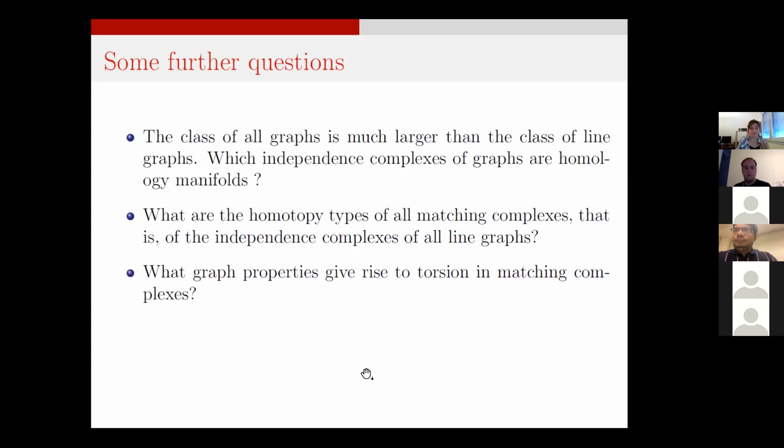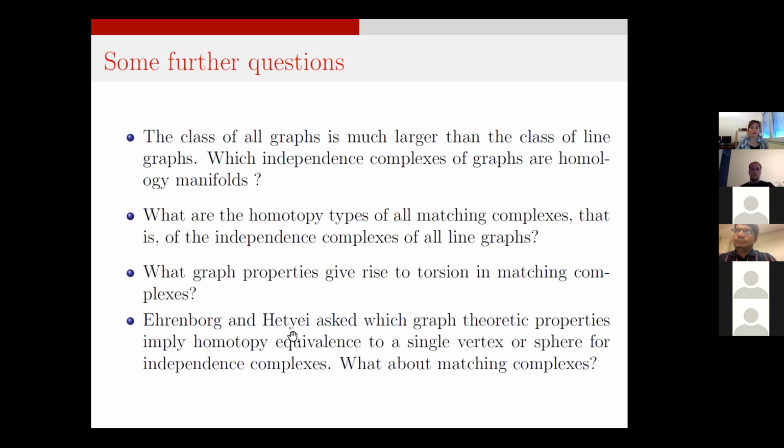Maybe we can say something less hard. For example, when do we have torsion in a matching complex? Because those spaces we got are really nice. So when do we have ugly things? Or at least, when do we have contractible complexes or spheres or something like that?